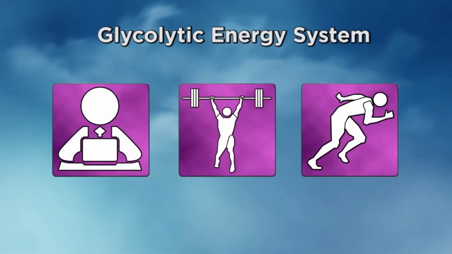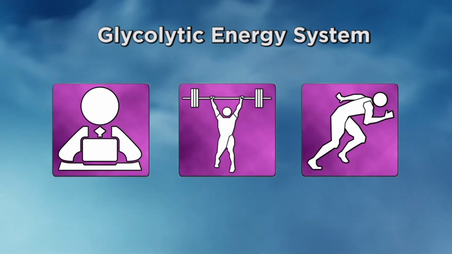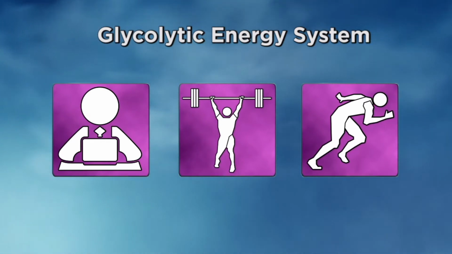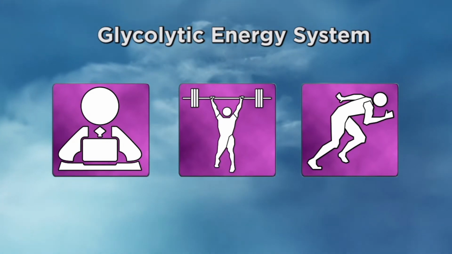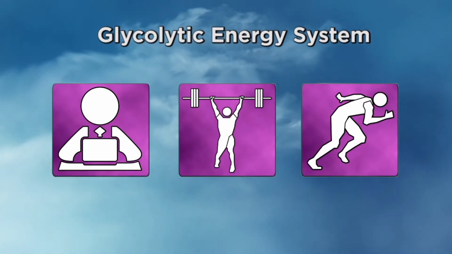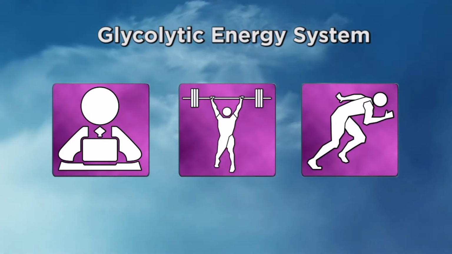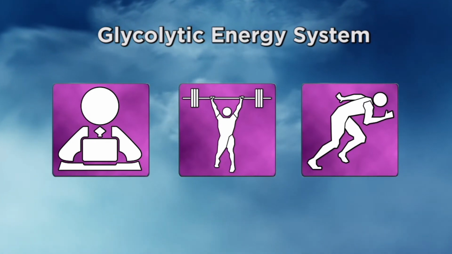The glycolytic energy system is one you rely on during any sort of physical activity. Again, the three energy systems work on a continuum where they are all working but kick into a much greater extent when required by the intensity for what you are doing, whether typing on your computer or lifting weights or running a marathon.